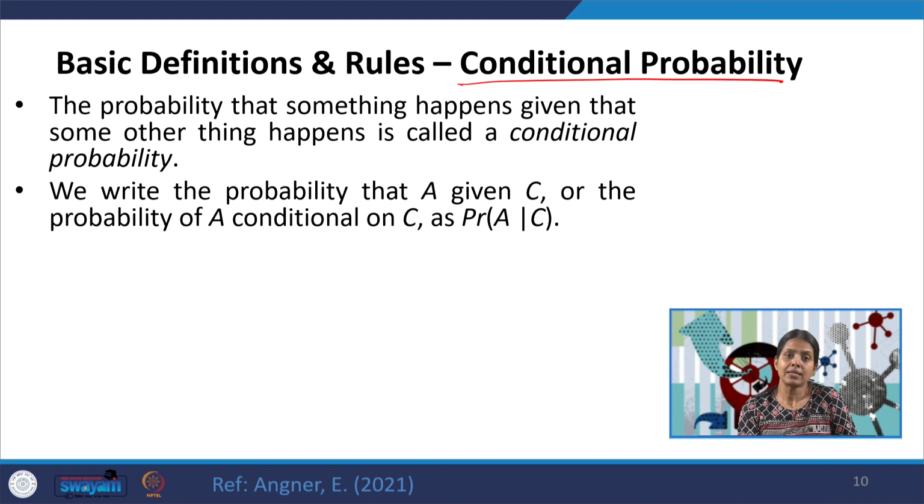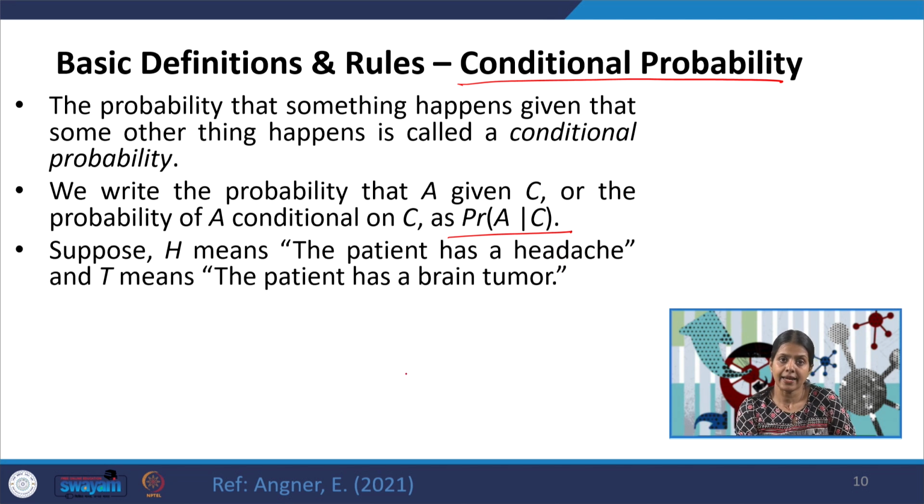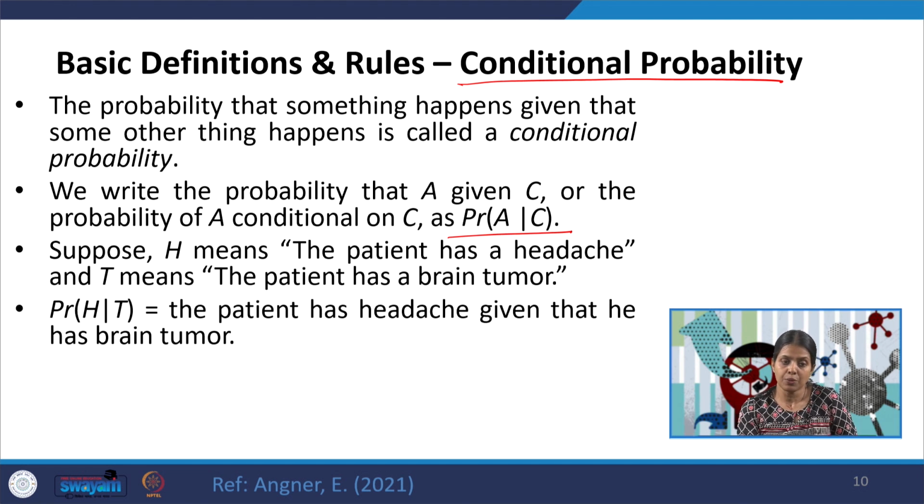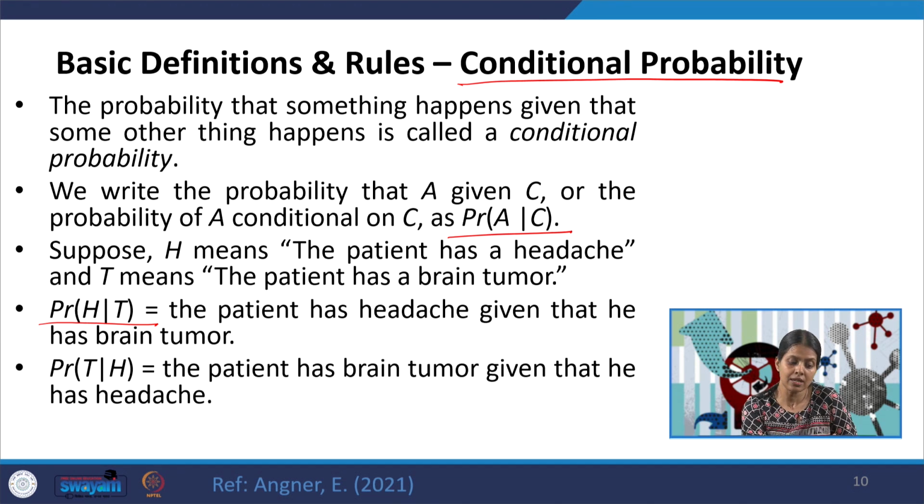We write the probability of A given C, or the probability of A conditional upon C, as P(A | C), with this straight line before C. Suppose H means the patient has a headache and T means the patient has a brain tumor. So, P(H | T) implies the patient has a headache given that he has a brain tumor, and P(T | H) says that the patient has a brain tumor given that he has a headache.